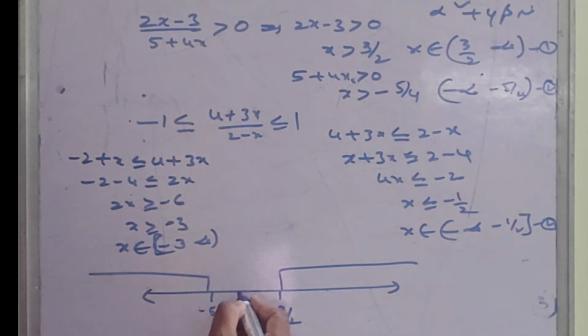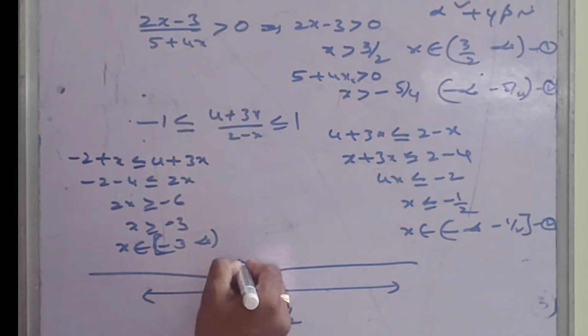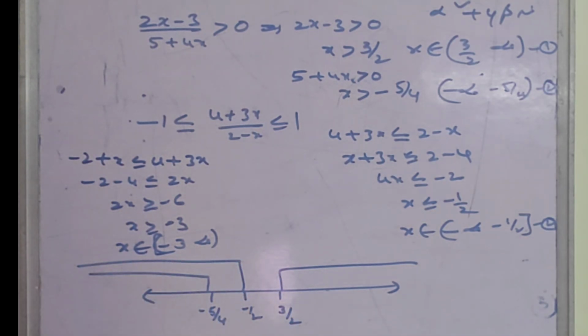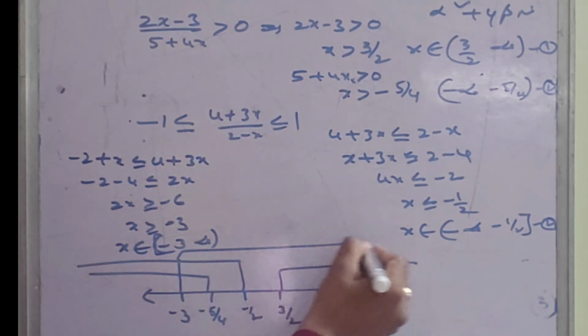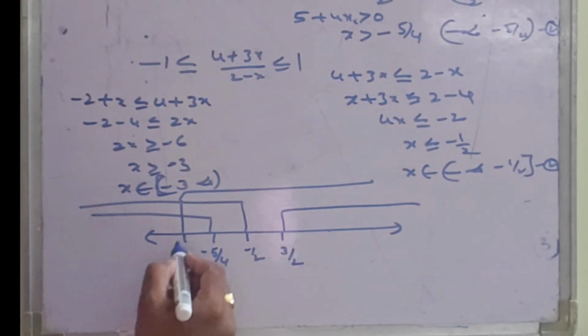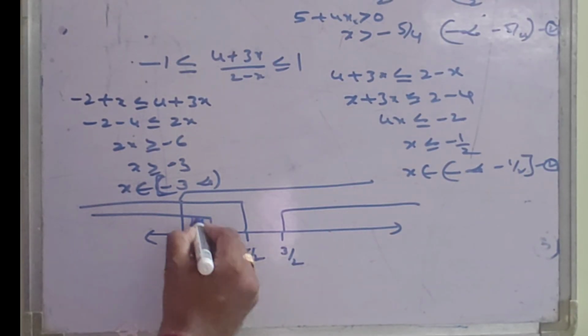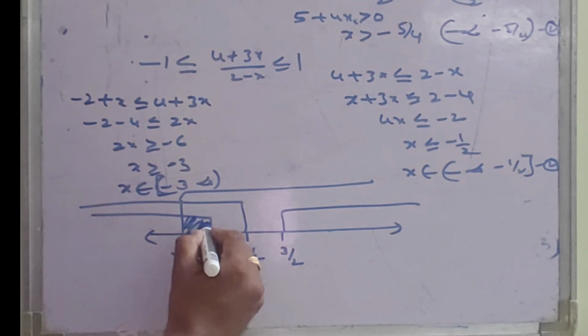Next, minus 3 to infinity. Finally we intersect the areas, and this is the area, shading the common region.